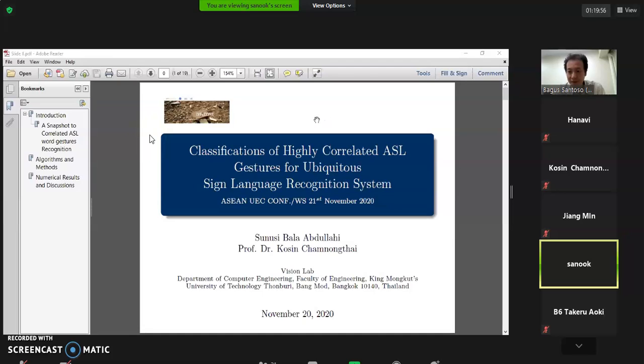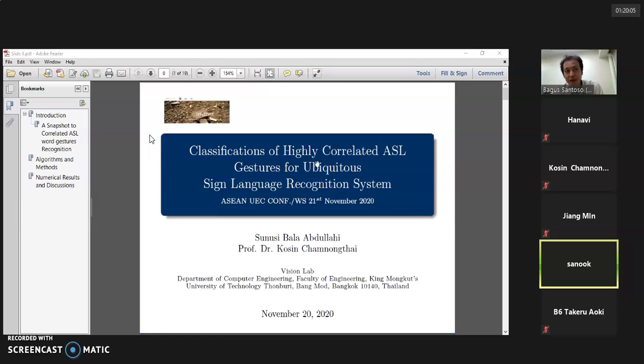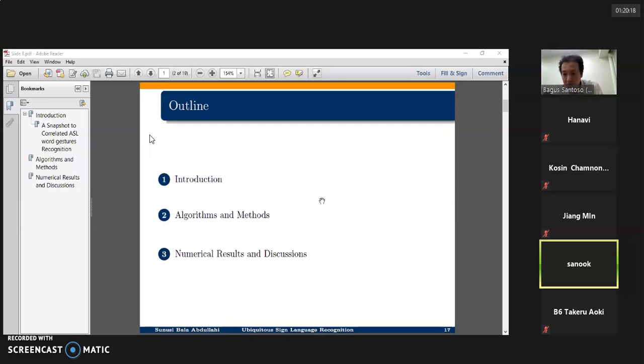My name is Sanusi Bala Abdullahi from the Computer Engineering Department in Mongoose University of Technology, Tamburi. It is my pleasure to present before you my poster presentation titled Classifications of Highly Correlated American Sign Language Gestures for Ubiquitous Sign Language Recognition System.